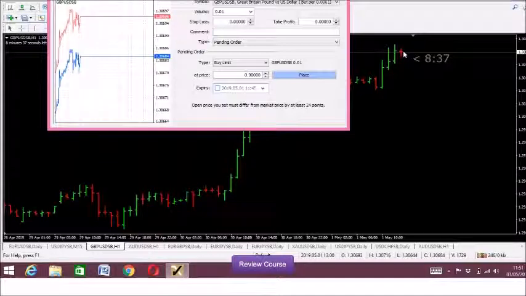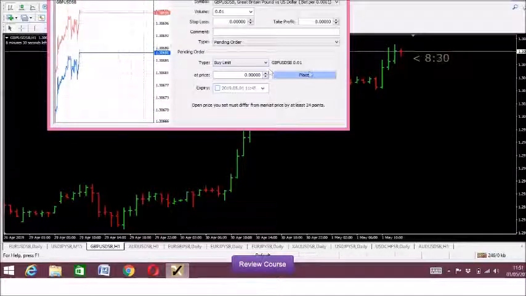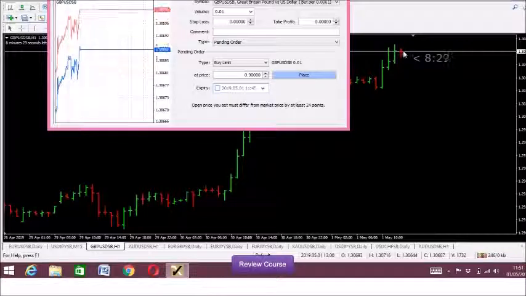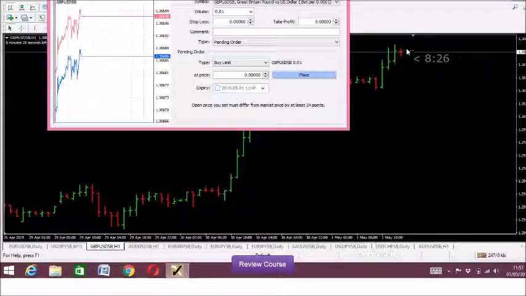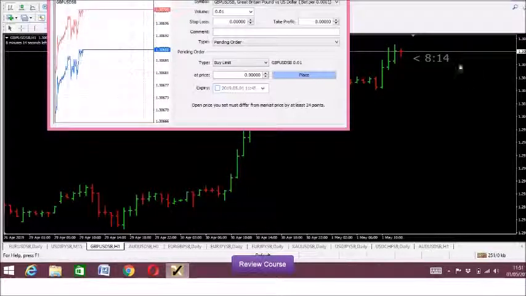So this is the best price. This is a buy limit order. In this example, the buy limit should be way below the current price here. It should be like 5 pips below, 20 pips below, 200 pips below, 1,000 pips below. It's got to be below that price. Otherwise, you can't use that type of order.